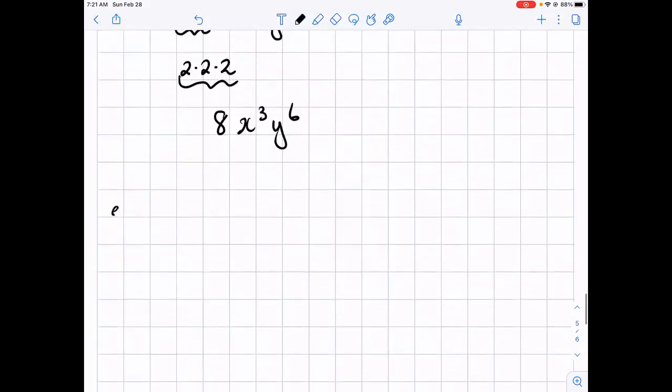If we look at another example, similar, simplify. If we have 5x to the third over y, everything raised to the third power.